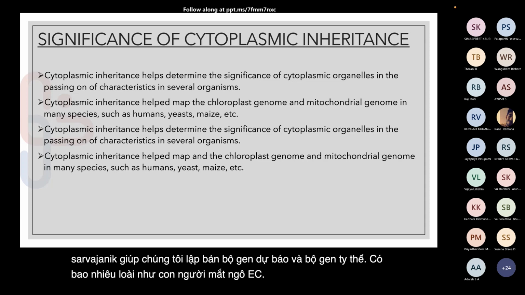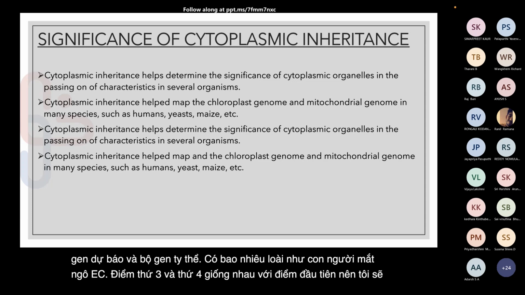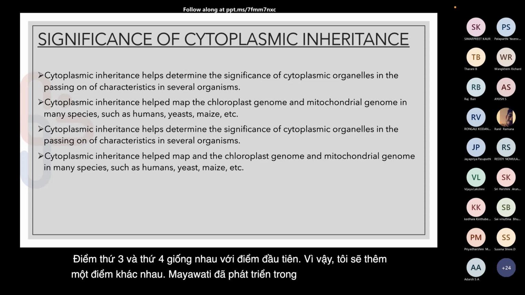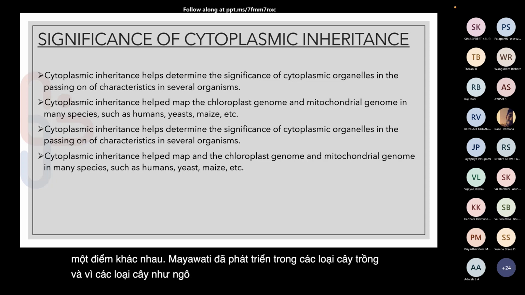The third and fourth points are the same as the first point, so I will add different points. Cytoplasmic male sterility has been developed in crops, and because of this, plants like maize, cotton, palm, etc. have helped in production of more hybrid seeds.